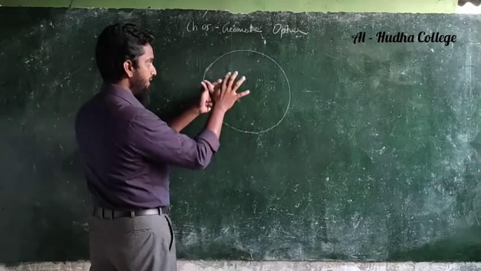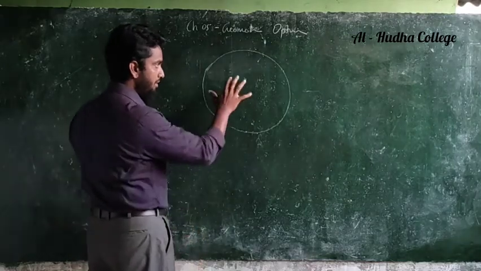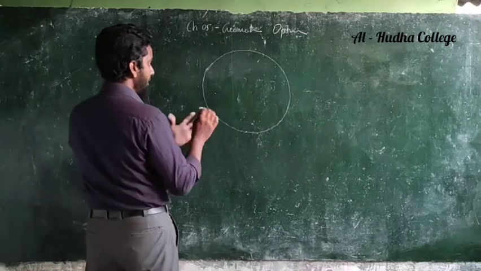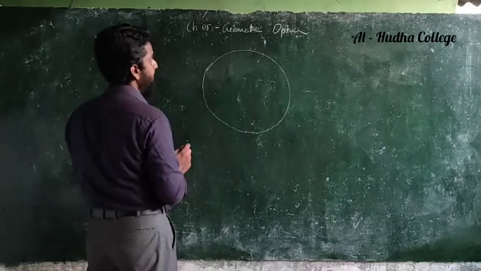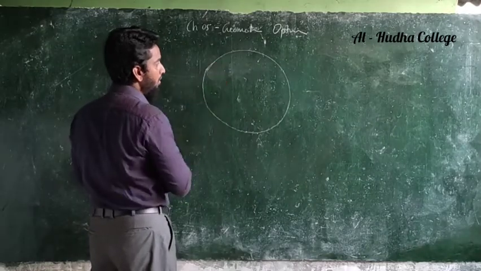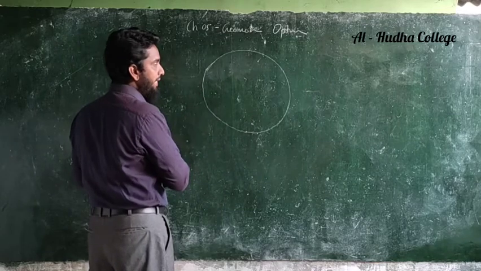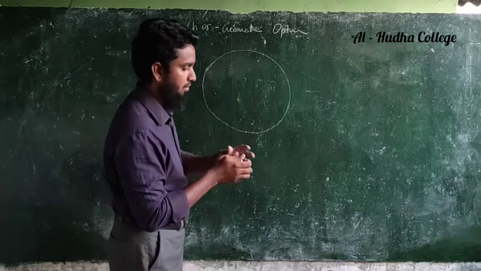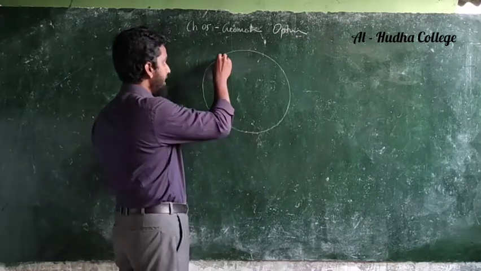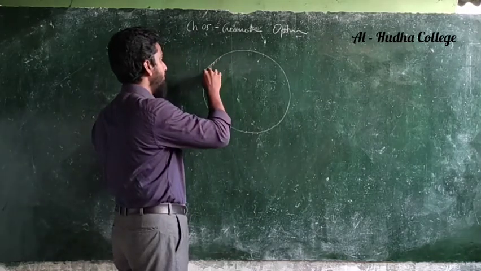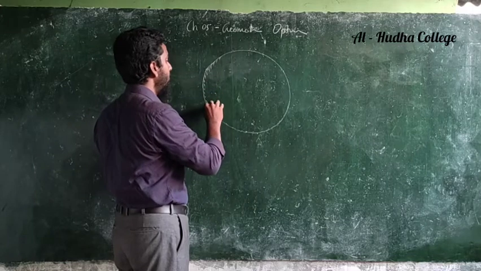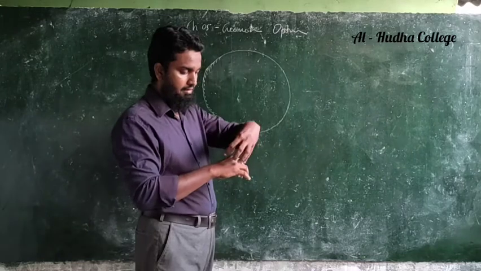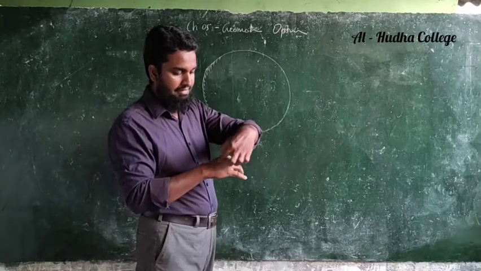Think of it as a sphere, a glass bowl. We are going to paint mercury inside this glass for a particular area. We consider an area like this.